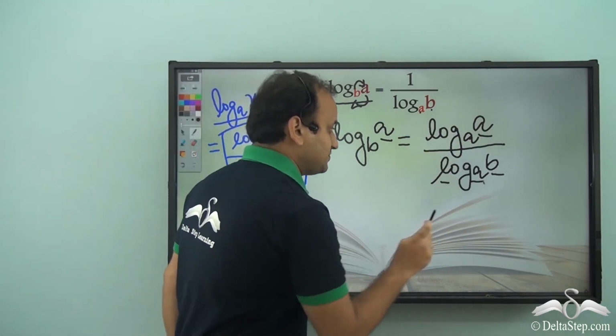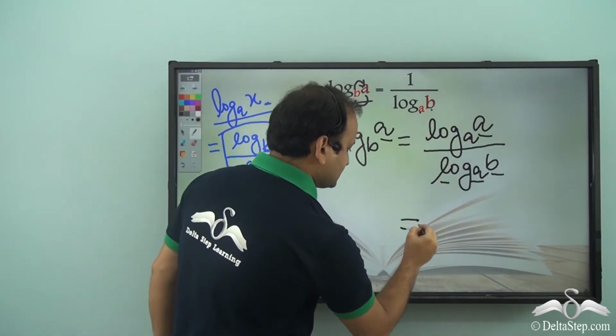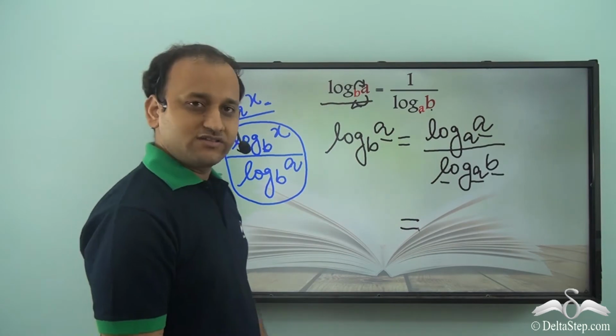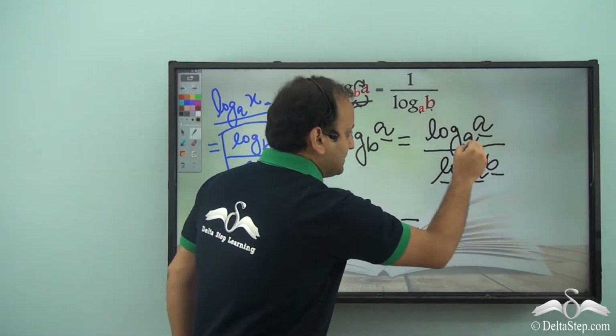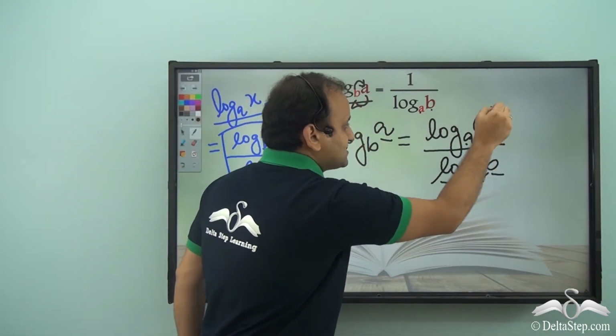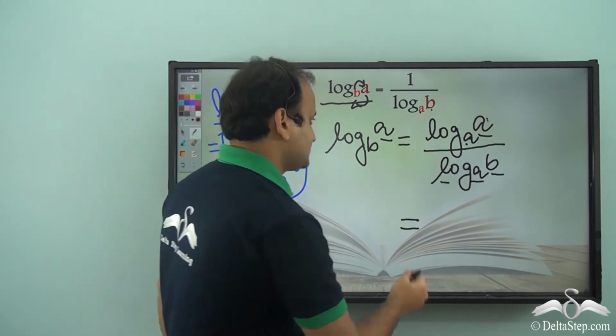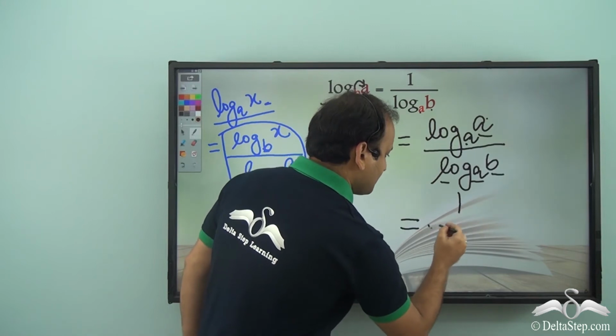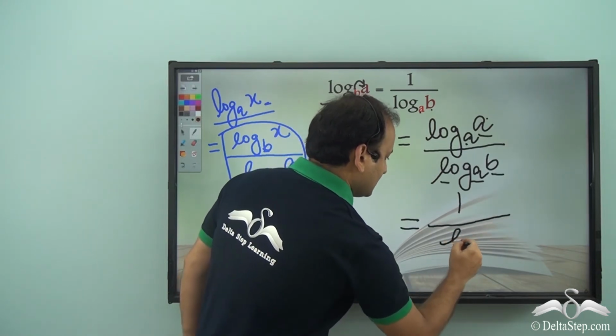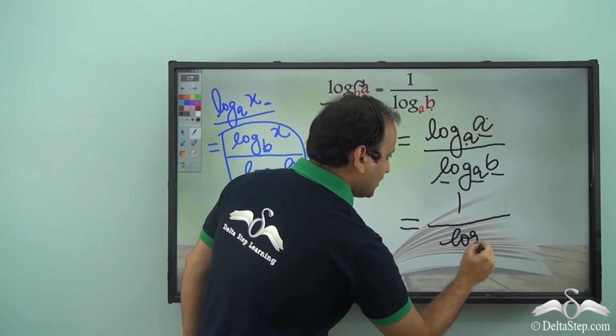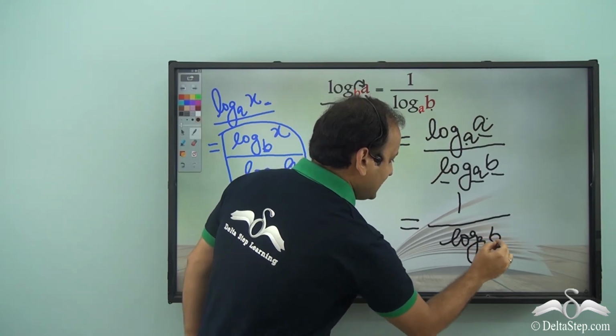Now that we have got this particular expression, let's solve this. From the properties of logarithms, we know that whenever the base and the argument are the same in a log, then the answer is always 1. So we have 1 by log b to the base a.